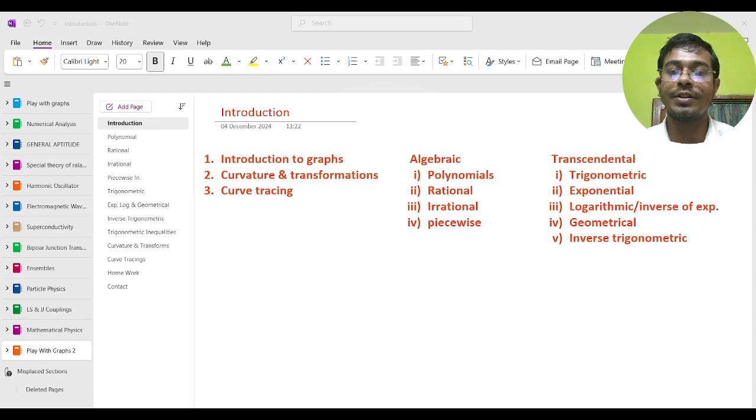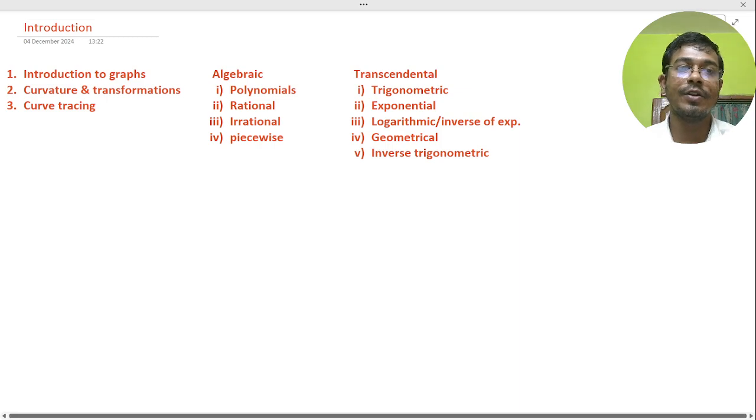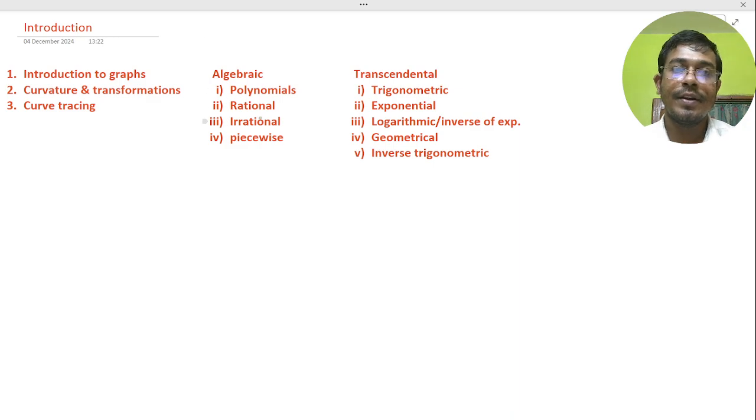We will discuss fundamentals here: play with the graphs. Basically we have the introduction topic, play with the graphs. We have three other chapters: introduction to graphs, curvature and transforms, curve tracing; algebraic and polynomial, rational, irrational, piecewise functions; and transcendental functions: trigonometric, exponential, logarithmic, inverse of exponential, geometrical, and last but not the least, inverse trigonometric.